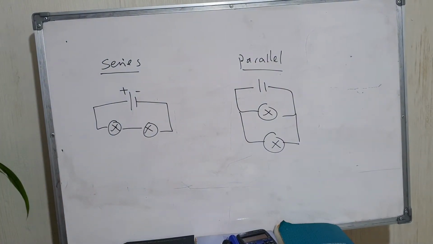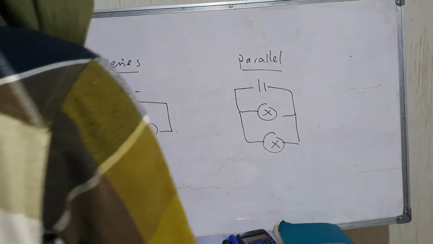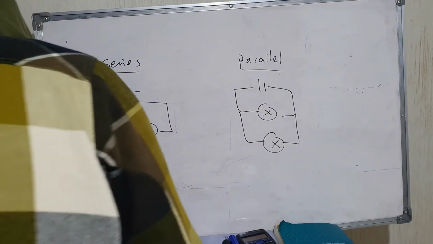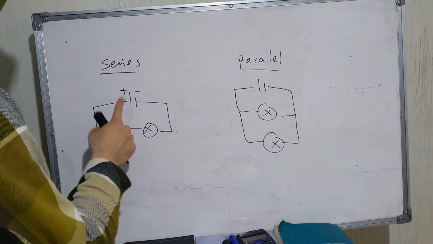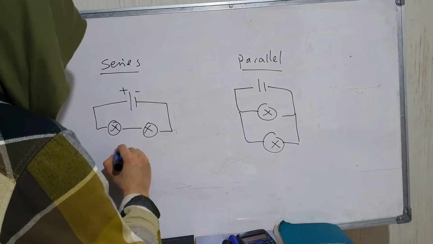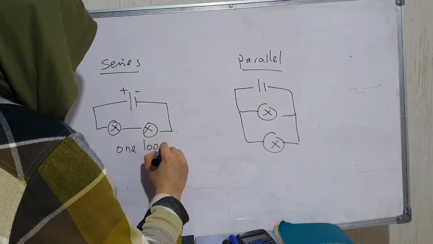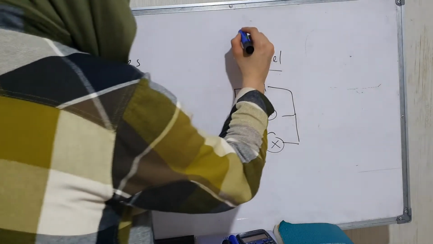All right, so you've got a series. So here you've got two bulbs in series for the series, and for the parallel, you've got two bulbs in parallel. Let's just write down what we... Now for this circuit, there's only one loop. For this one, there are two loops.